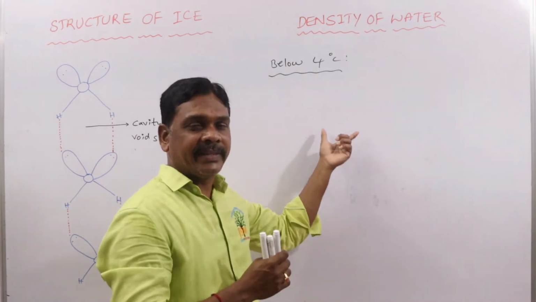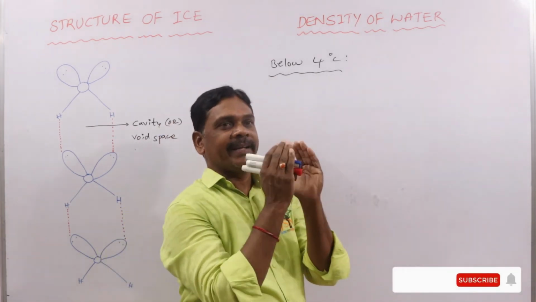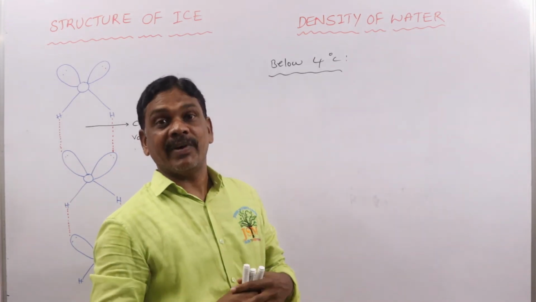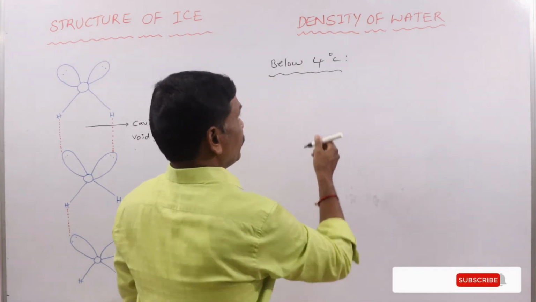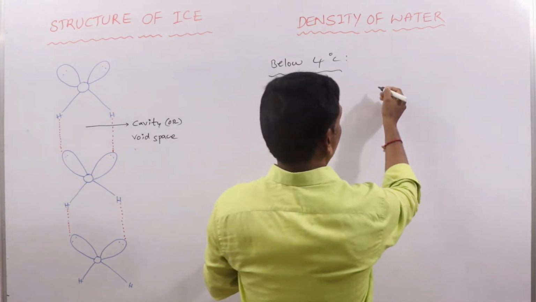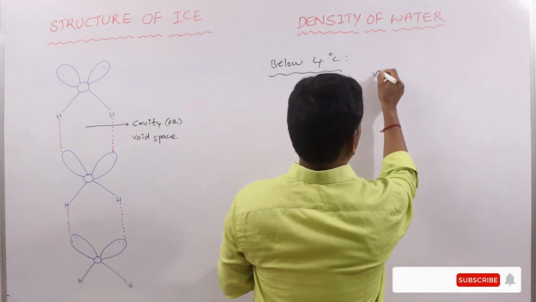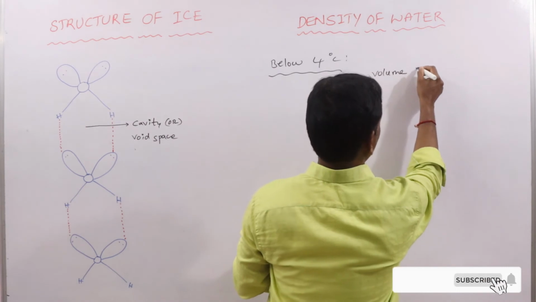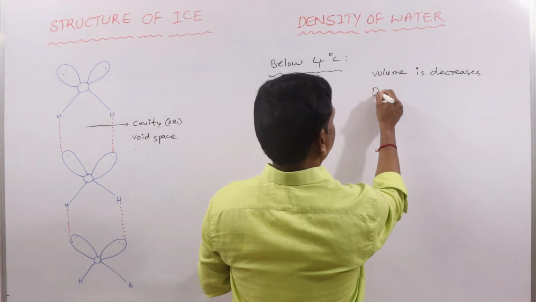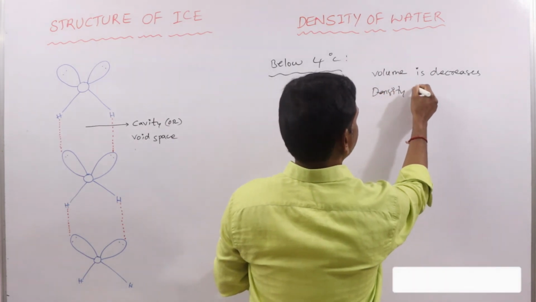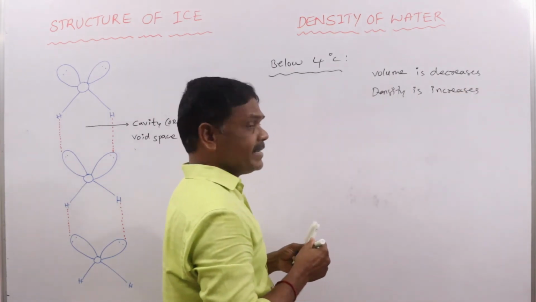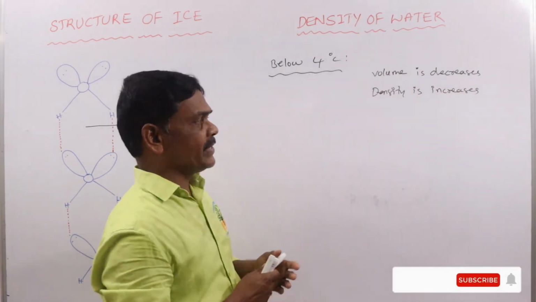As a result of this, the density of water increases and the volume of water decreases. So below 4 degrees centigrade, if water is heated, the volume decreases and density increases.